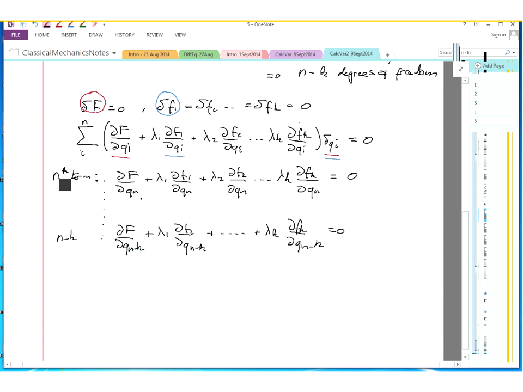So I've written out the nth to the n minus k term explicitly.